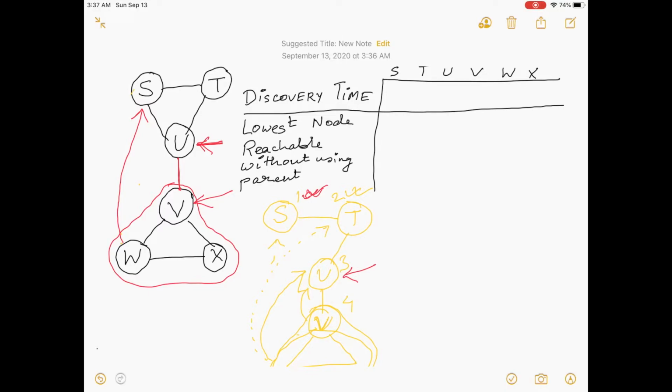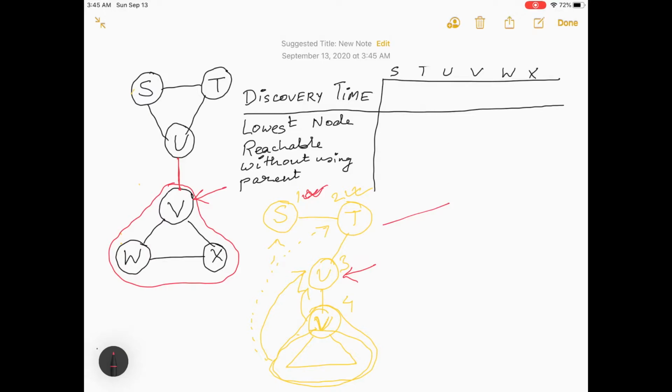and we need to keep in mind while writing the code that when we are at V, computing the earliest discovered vertex that is reachable from V through its descendants and using at most one back edge, we should not use the parent, or we should not use U, because U happens to be the immediate parent in the DFS spanning tree.